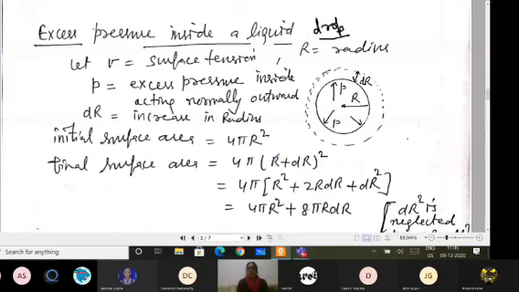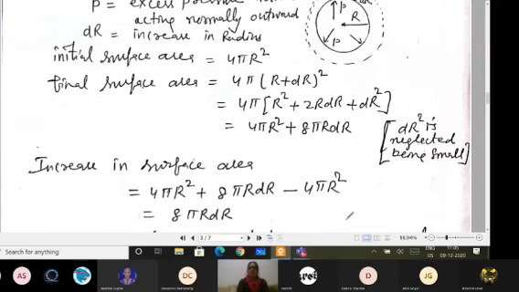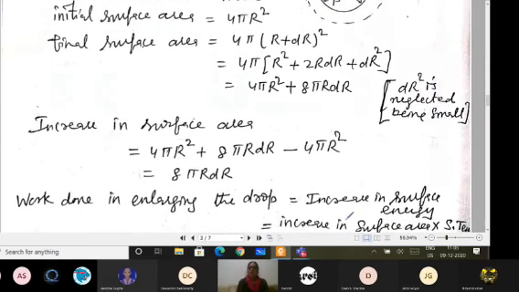So I can write the final surface area as 4 pi r square plus 8 pi r dr. This is the value for the final surface area. And if you want to find the increase in surface area, then final minus initial.